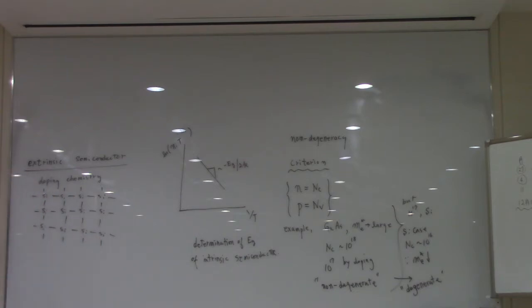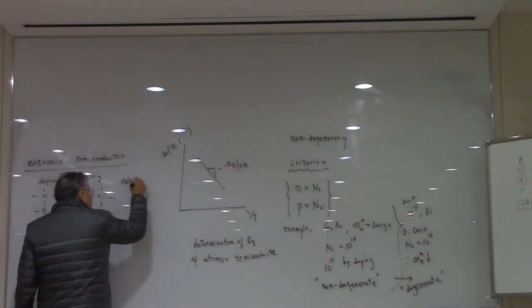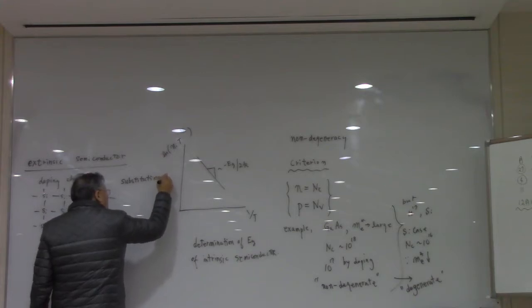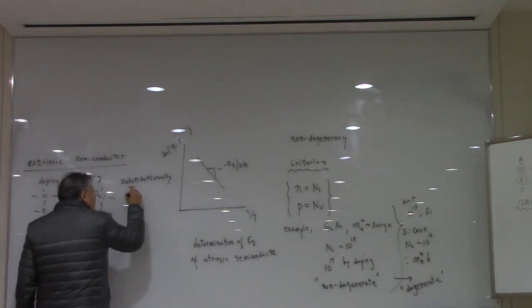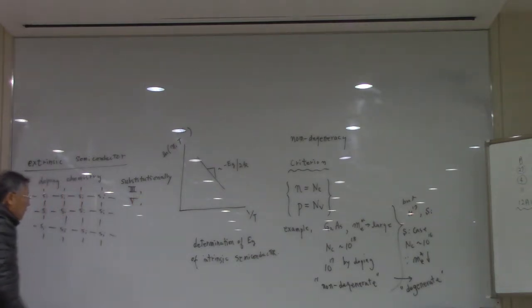Now, if you insert foreign materials from group 3 or group 5 substitutionally, then the group 4 atom is going to be replaced.